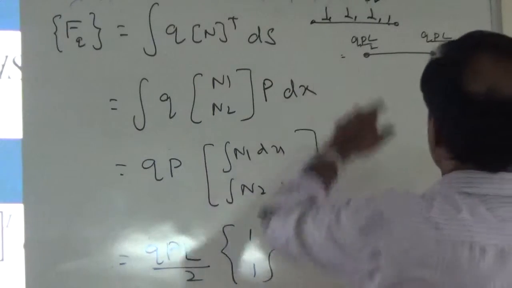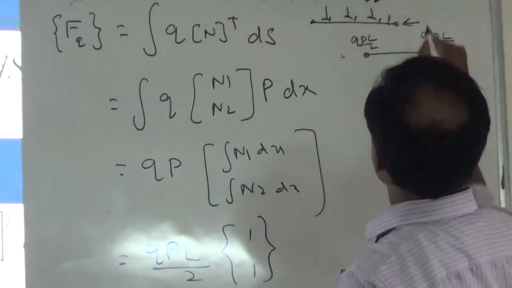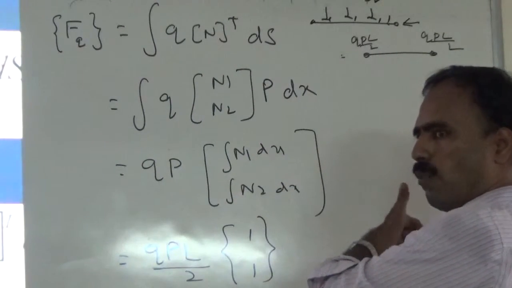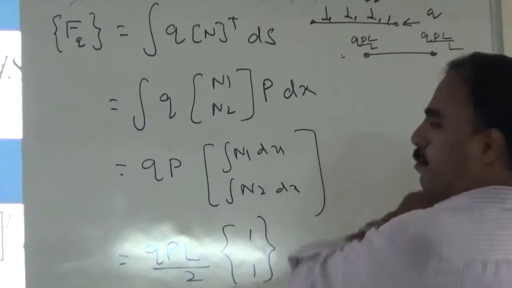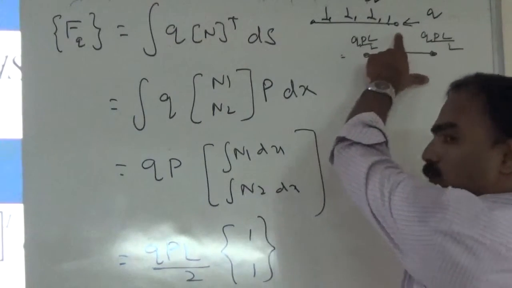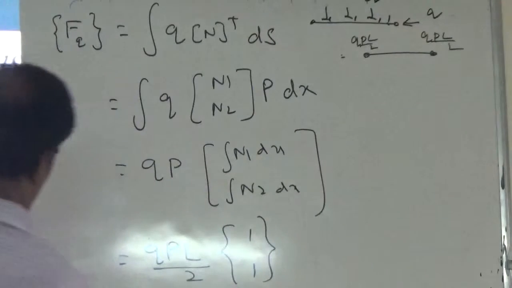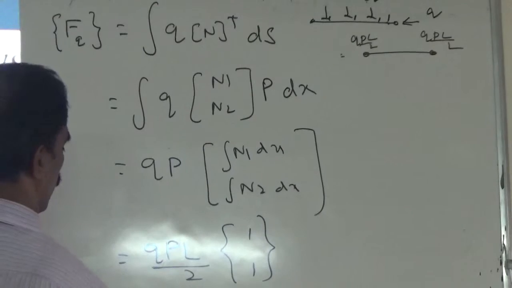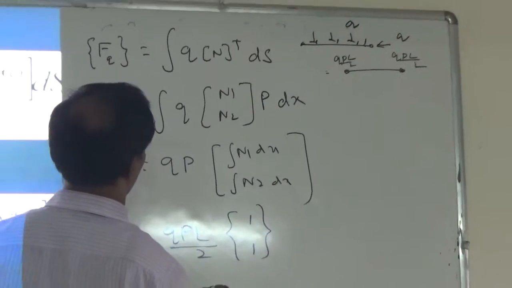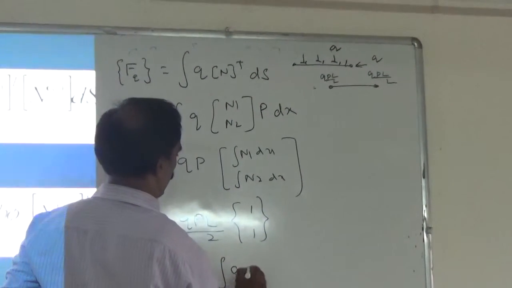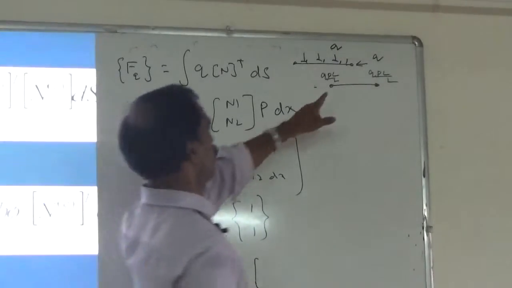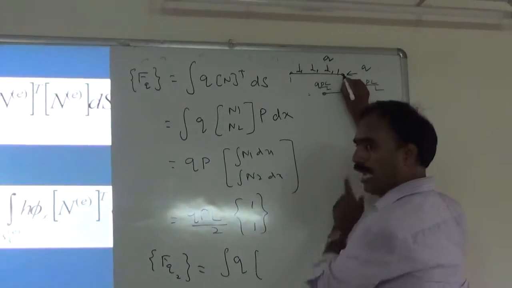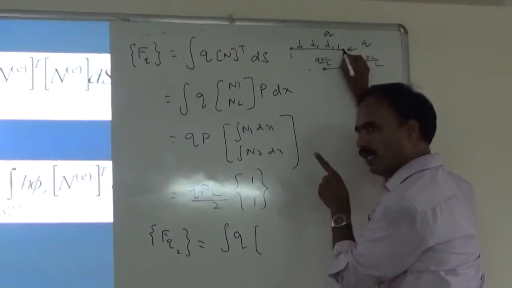Now, heat flux also can be supplied at either node 1 or node 2. Let's consider the heat flux supplied at node 2. At node number 2, N1 is 0, N2 is 1.